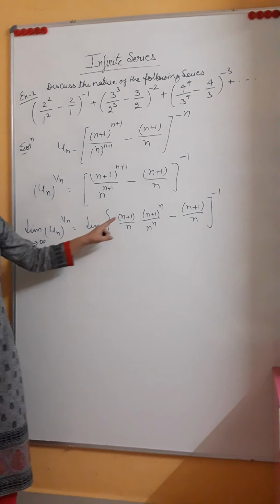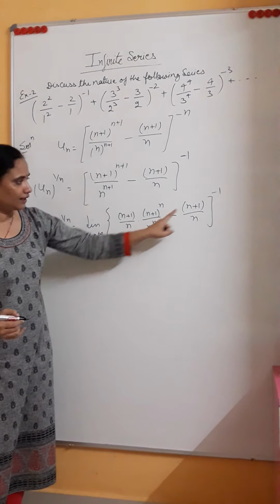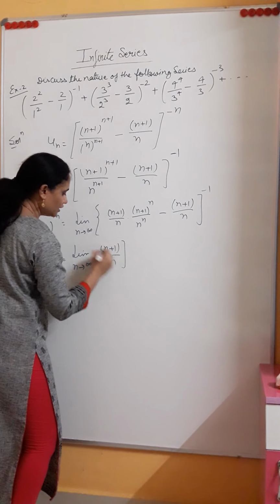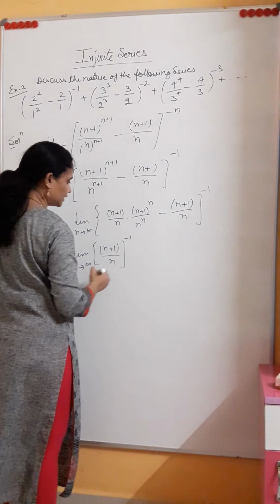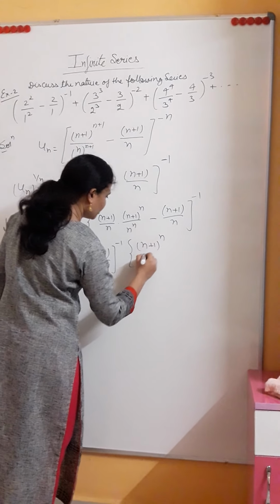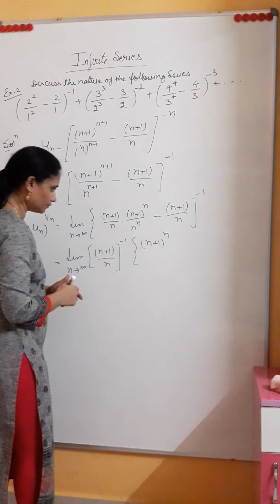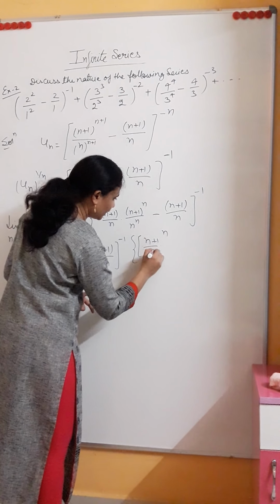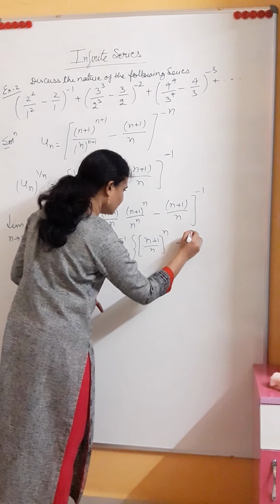So which term is common? n plus 1 by n is common here. So let's take that common. n tends to infinity. n plus 1 by n I have taken out of the bracket. Power minus 1. Do not forget this. And n plus 1 power n by n, or let's take this inside the bracket only, divided by n minus 1.